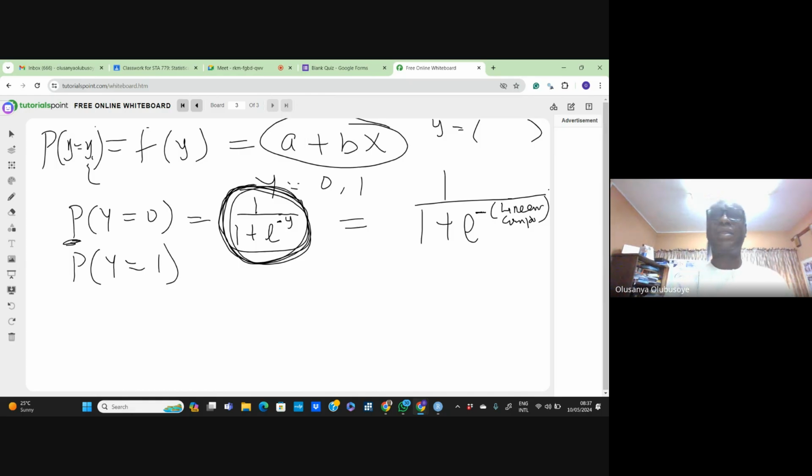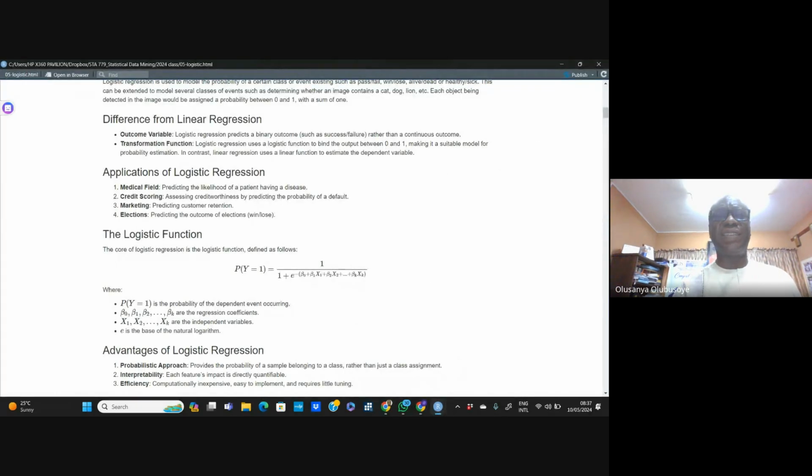So that is why we call this expression the transformation. When I was talking the other time about the transformation function, logistic regression uses the logistic function. It uses the logistic function to do what?